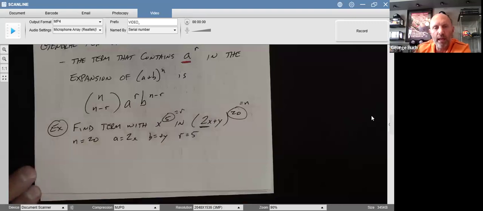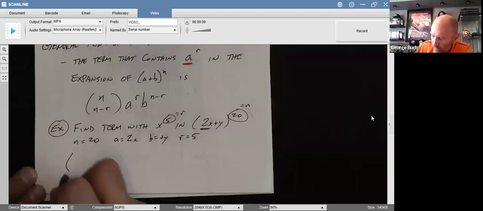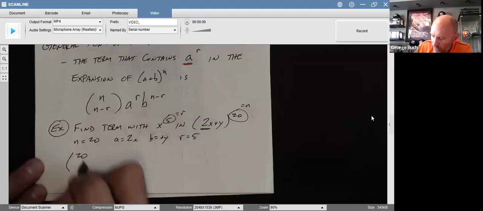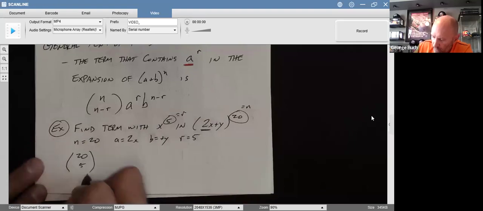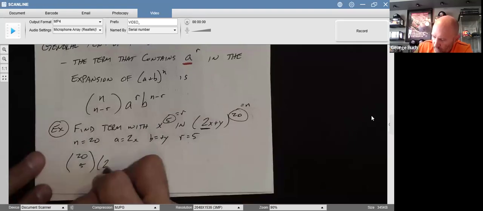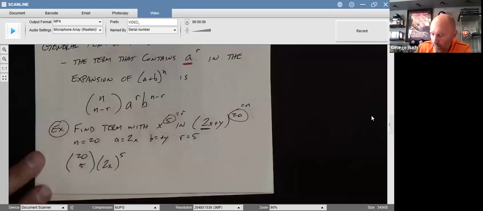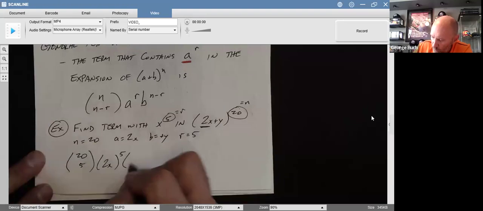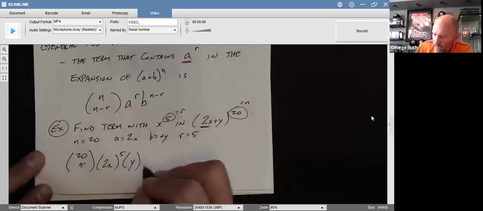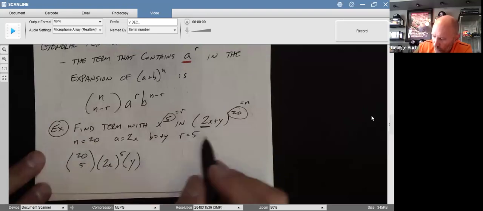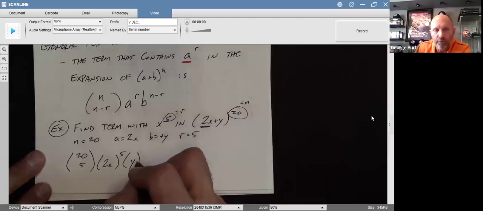So now that I know a and b and n and r, I just plug them into the formula. So n is 20. r is 5. a, which is 2x to the r power, 5. And then b, which is y to the n minus r, so 20 minus 5, 15.